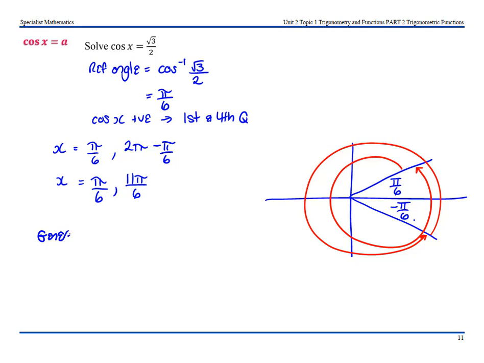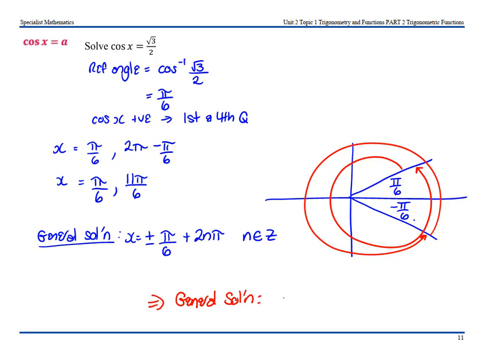So I can combine for cos into one general solution, and that would just be plus or minus our pi on 6 plus 2n pi, where n is an element of Z. So for cos, our general solution will always be x equals plus or minus theta plus 2n pi, where theta equals our reference angle and n is an element of Z.